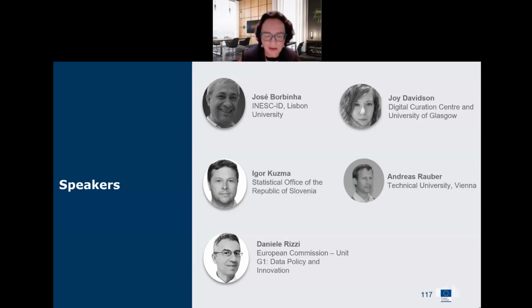After Joy, we are going to have Andreas Rauber, who is head of the Information and Software Engineering Group at the Department of Information Systems Engineering at the Vienna University of Technology. He has been a researcher also in Italy and France, has published numerous papers in refereed journals and international conferences, and served as a board member for several major journals, conferences, and workshops.